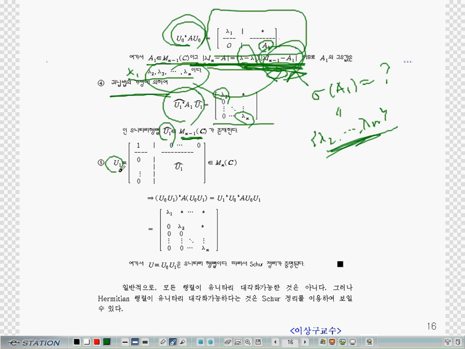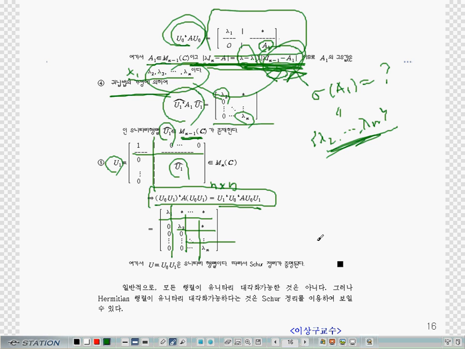So we define another matrix U1 like this, having U1 hat as a submatrix of U1. Then we can think of U0 U1 star times A times U0 U1, which is this, which makes everything work in this way.